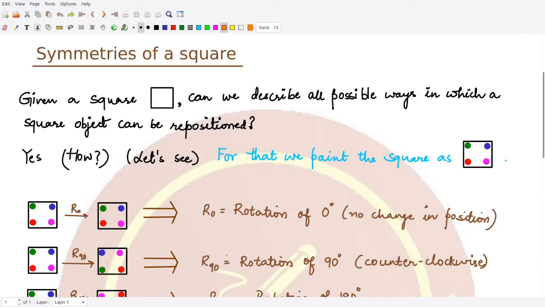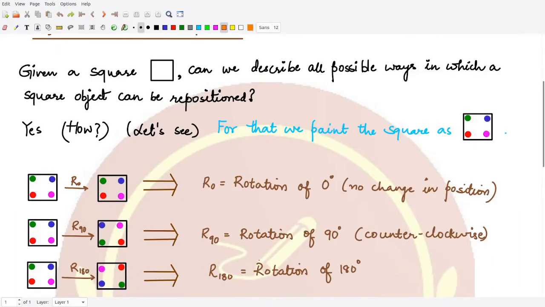Next, let's see what would happen when we perform the rotation of 180 degrees. For performing the rotation of 180 degrees, you have to rotate the square twice by 90 degrees, right? Whatever you did onto this square, after a rotation of 90 degrees you were getting this square.